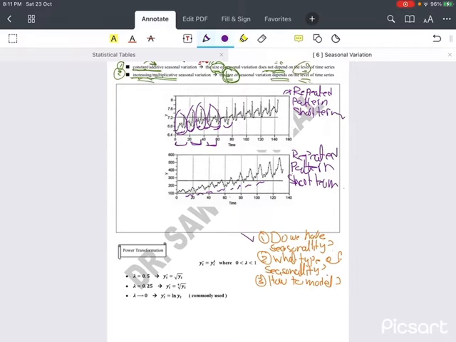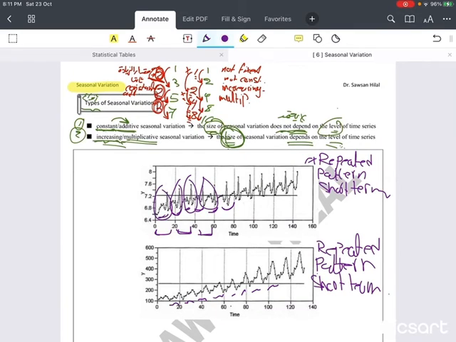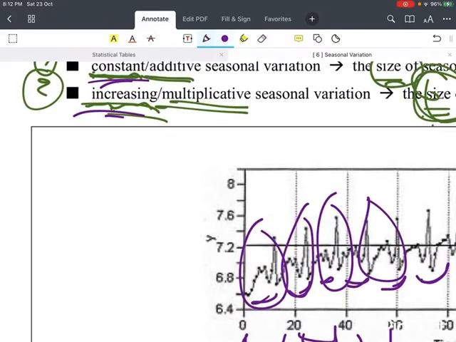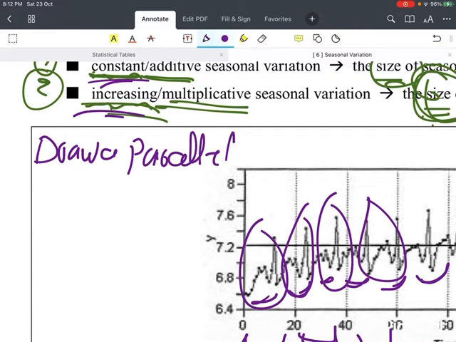Then what type of seasonality? So types, we will decide if it is constant or if it is increasing. How will you choose? You will draw parallel lines.